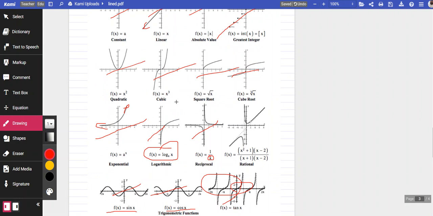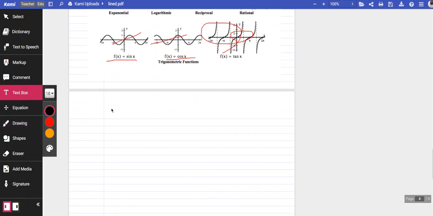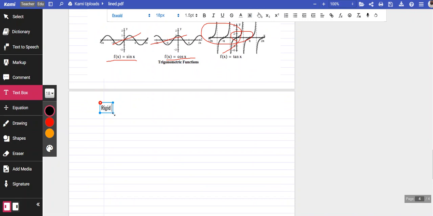And then the other thing I want to talk about is transformations. When you talk about transformations, you have several types. You have what's called a rigid transformation, and you have what's called a non-rigid transformation.